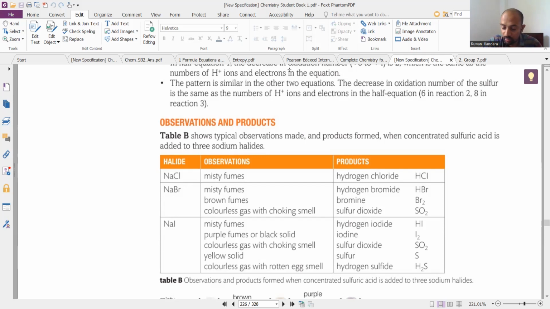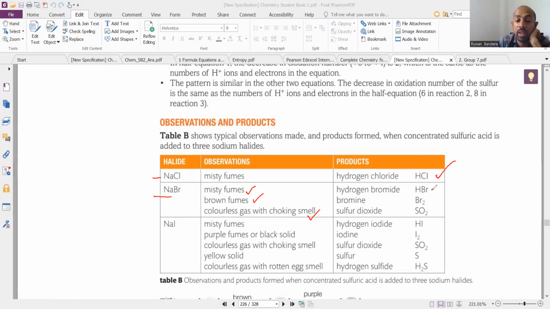Right? So now, those who don't have the table, you can copy, right? With NaCl, you can observe only misty fumes. The reason is the production of hydrochloric acid. With NaBr, misty fumes, brown fumes, and a colorless gas with a choking smell can be observed.